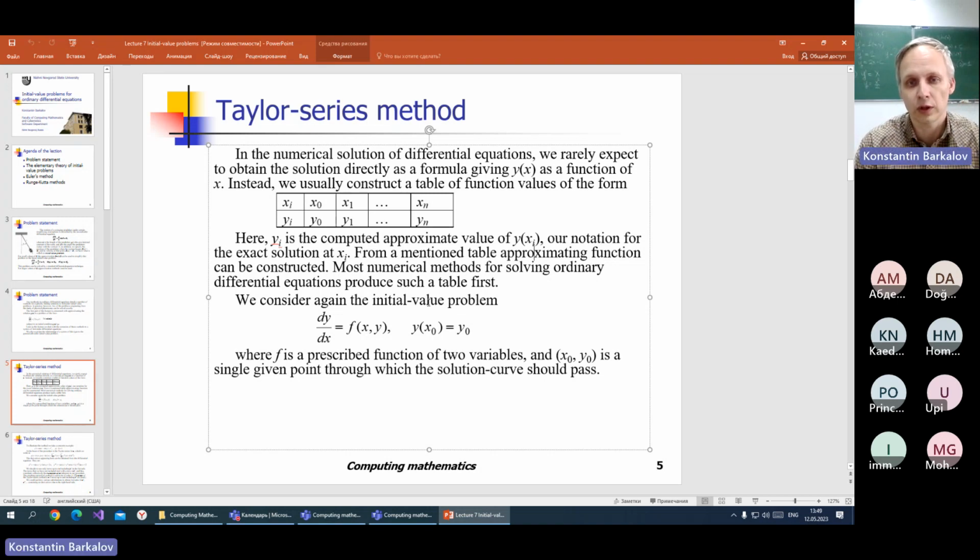The numerical methods for solving such an approximation problem we considered in previous lessons: Lagrange interpolating polynomial when n is small, or the least squares method and least squares polynomial when n is large. So we can use different methods for approximating a function when we know this table of values.